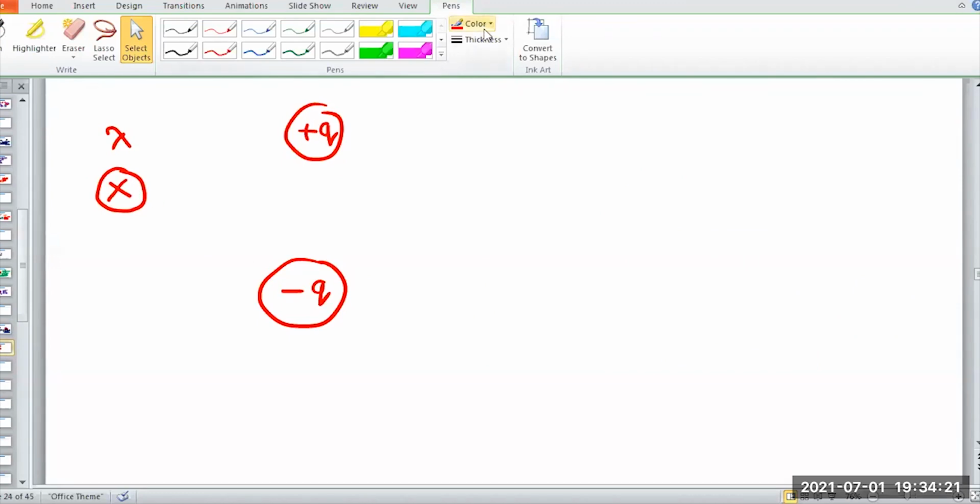When I made the cross, it means this thread comes perpendicular to the plane of the screen. And this dipole is perpendicular to my radius vector r also. Now suppose the distance between these two is L and it is making angle theta. So by symmetry, it is also making angle theta.